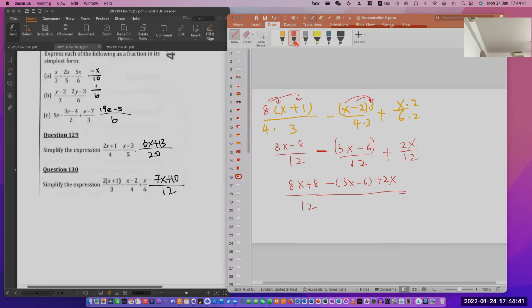Okay, so now I can open the brackets. This is my first arrow, and the second arrow, so I continue. My first arrow I did minus 3x. The second arrow is minus 6 plus 2x. So minus x, minus 6 is plus x. So combine similar terms, 8x minus 3x plus 2x. So I should have 7x plus 14 over 12. Okay, so far so good.